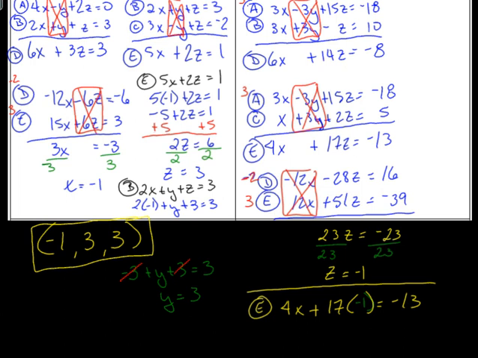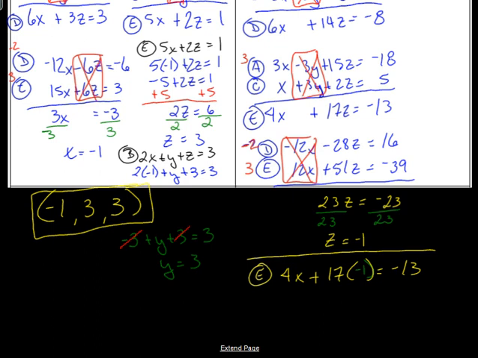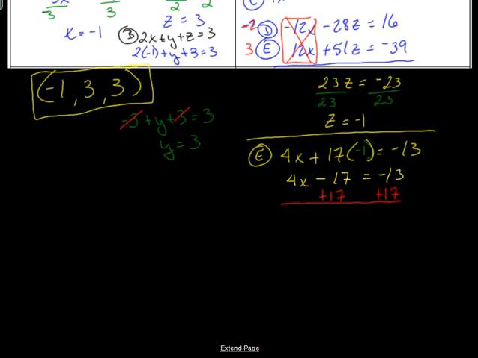So I have now 4x minus 17 is equal to negative 13. I add 17 to both sides, and here I find that 4x is equal to 4. I divide both sides by 4. X is equal to 1.